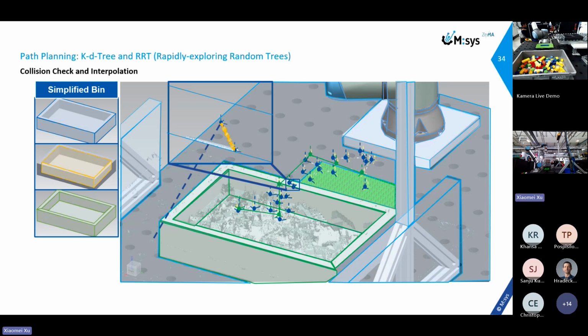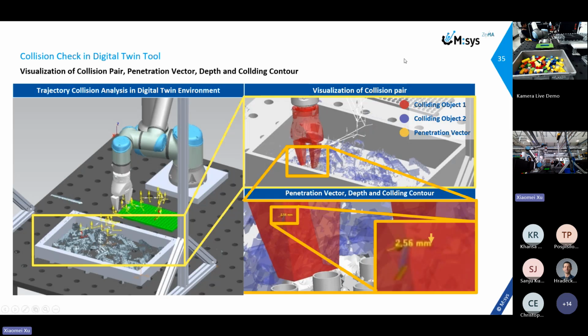Once the path planning determines a route, it interpolates allowable waypoints from the start to the end. A digital twin tool performs a dynamic collision check, providing minimal collision depth and penetration vector. The robot calculates collision-free paths by combining simplified and precise geometry.